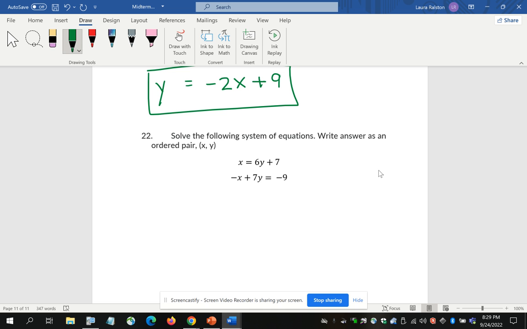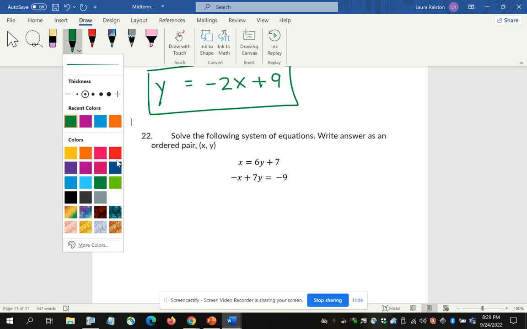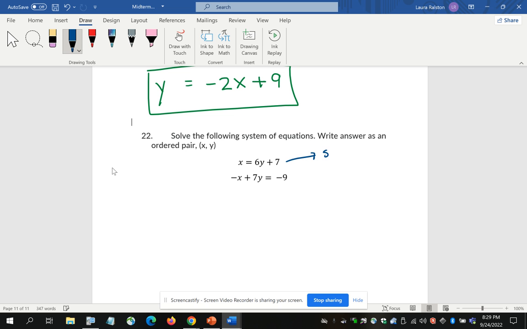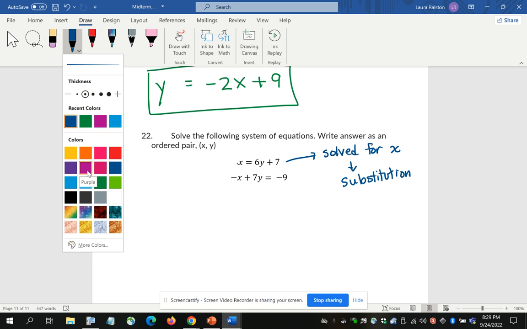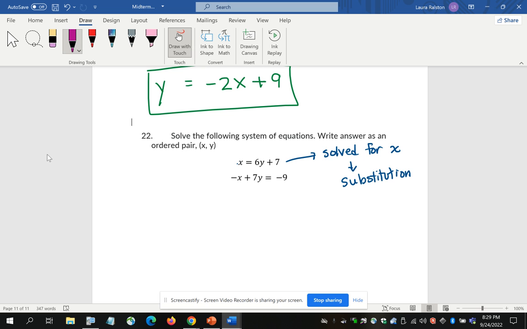When I look at this particular problem, I notice that the equation on the top is already solved for x, which makes me think this is a good problem to use substitution, because I can take the top equation, which is solved for x, and substitute it into the bottom equation. Just watch your signs and be careful.